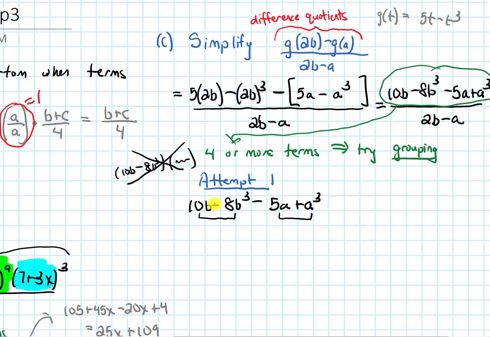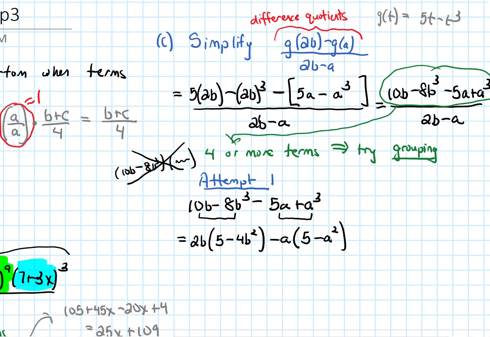Now let's try to factor the first group. I notice that 2b is common to both of those terms. If I take that out, I'm left with 5 minus 4b squared. From the second group, I can take out a. Maybe if I wanted to take out negative a, I could. If I took out negative a from the first term, I'm left with 5. From the next term, I'm left with minus a squared.